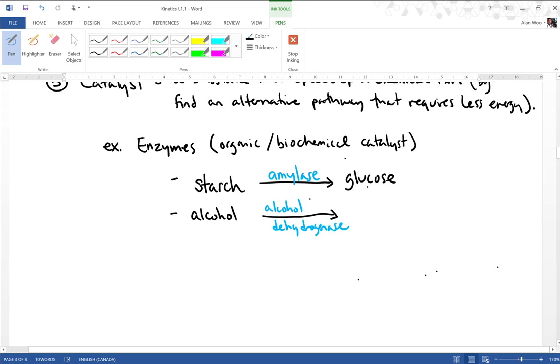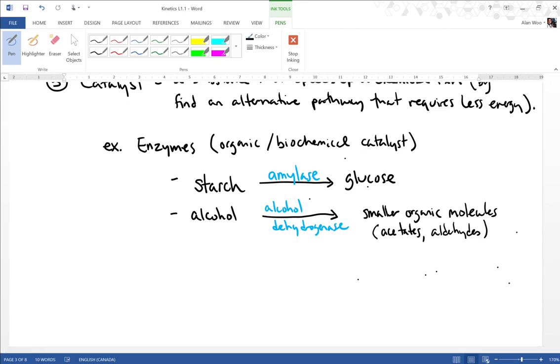And it breaks down alcohol into smaller organic molecules. Okay. And those molecules could be acetates or even aldehydes that your body will then get rid of through your urine.